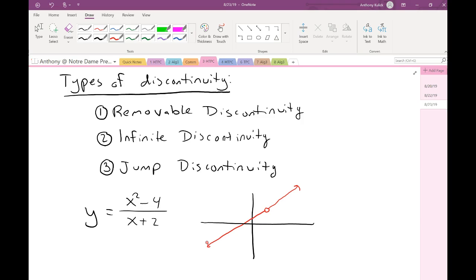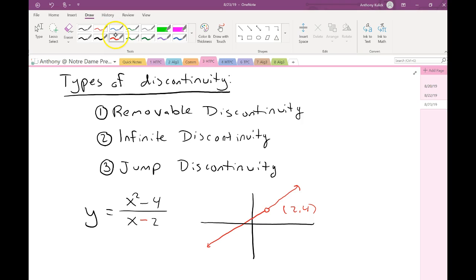Oops, that's in the wrong spot. Let's just do that. That'll fix it. And that would be at the point (-2, 4). Again, I did that in my head. It would not be an expectation that you're able to instantly do that in your heads. It's just me giving an example.